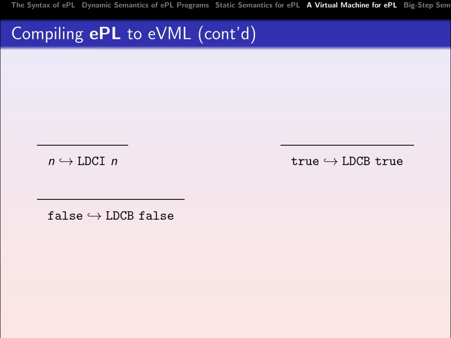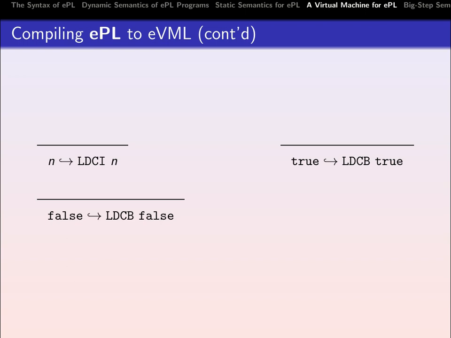I surely need better ways of writing on the screen. Let's do a quick one on the whiteboard. So 1 plus 2 times 3, and we're putting these in brackets, right? So 1 compiles to, yeah, this is a curly arrow, 1 compiles to LDCI 1, and then 2 compiles to LDCI 2. 1 plus 2 compiles to whatever.